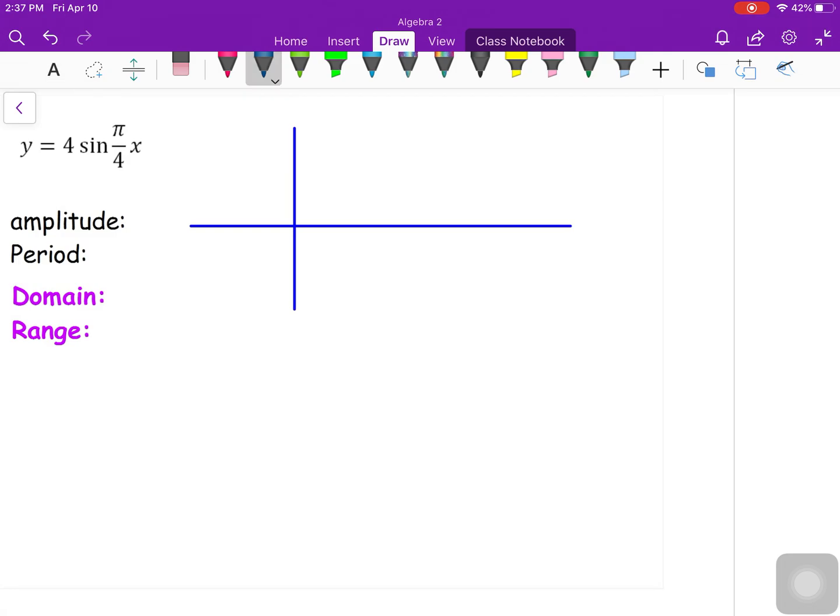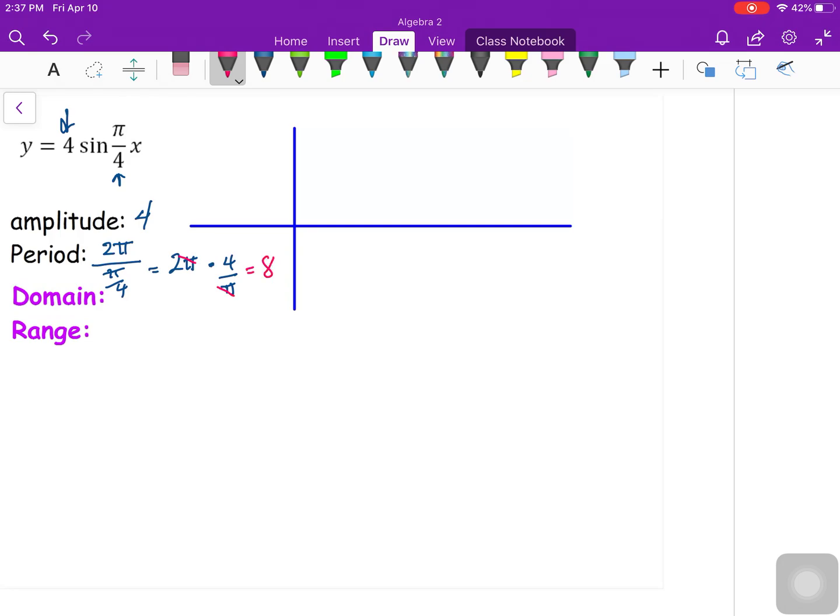Let's try another one. Y equals 4 sine of pi over 4 x. Amplitude A is 4. Period for sine is 2 pi. I must divide my B, pi over 4, out of there. So that becomes 2 pi times the reciprocal 4 over pi.